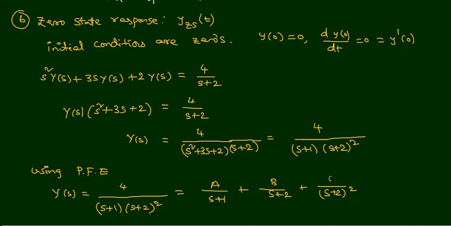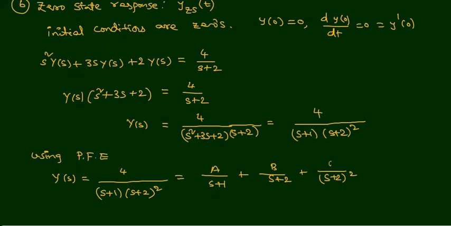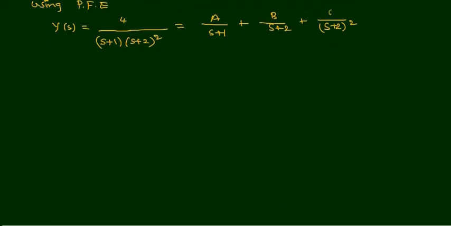Now we will find A, B, C as we did in the previous case, and we try to find the zero state response. We take the LCM on the right side as we did in that case, and after simplification we get A equal to 4, B equal to minus 4, and C equal to minus 4.